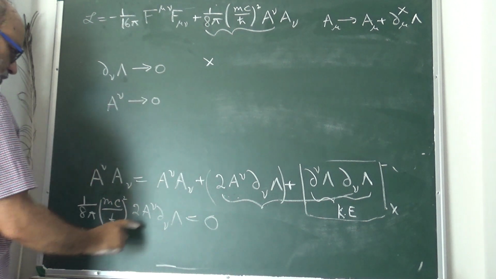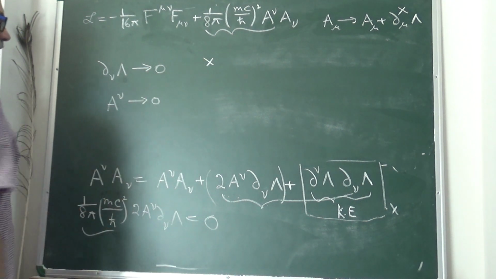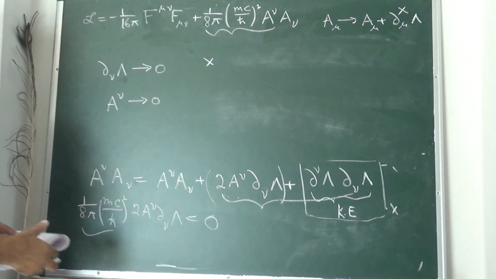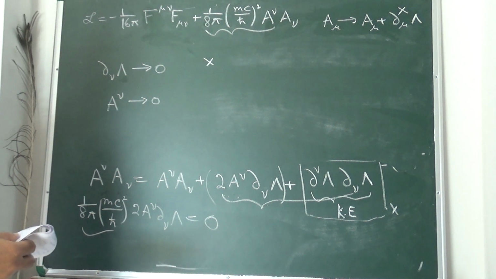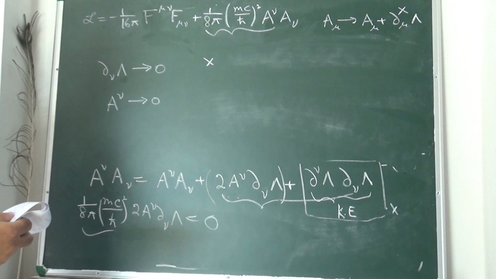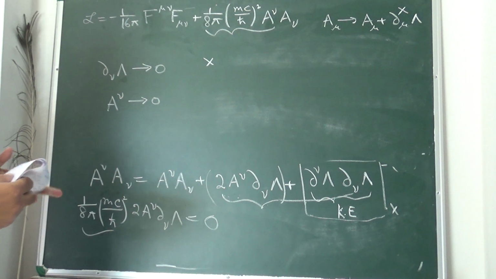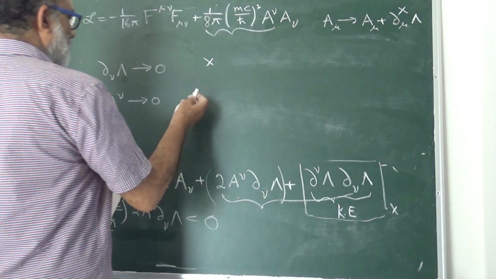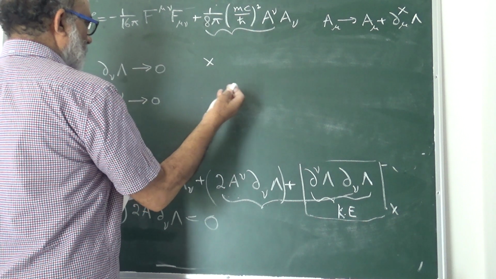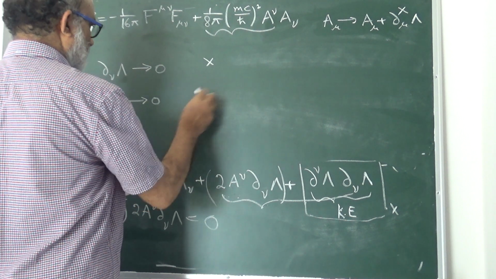The next part is, suppose A mu is 0. If A mu is 0, electromagnetic field is 0. If the electromagnetic field is 0, it means the interaction part of the Fermat field is 0. It means again the Fermat field does not remain invariant. If there is no field, there is no excitation, no field quanta.